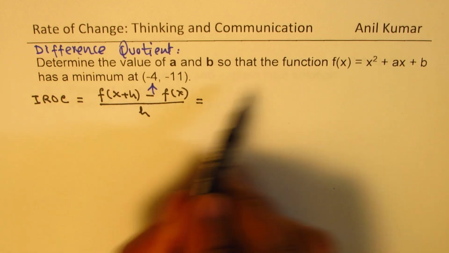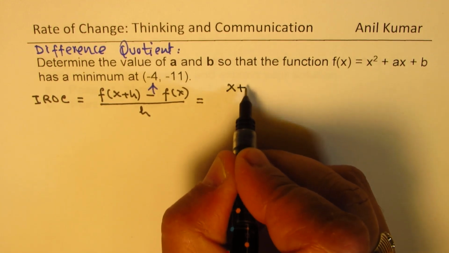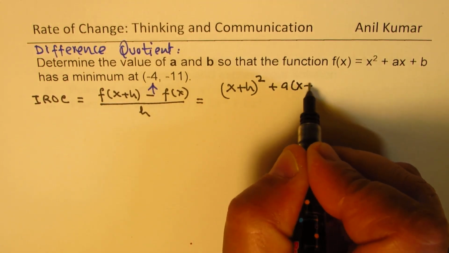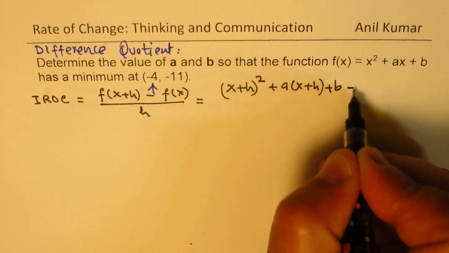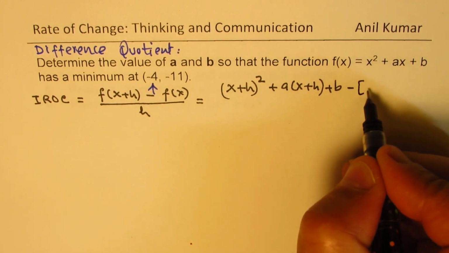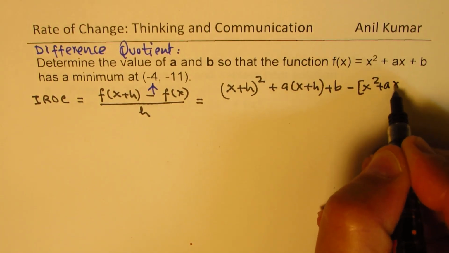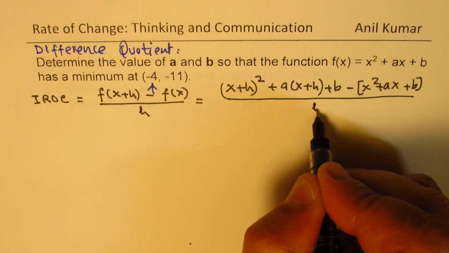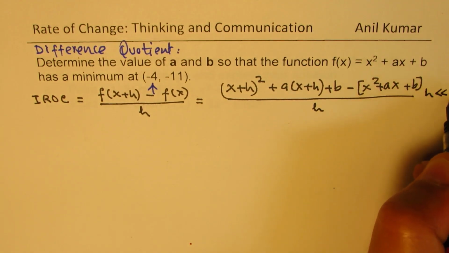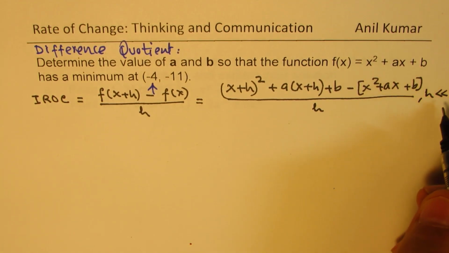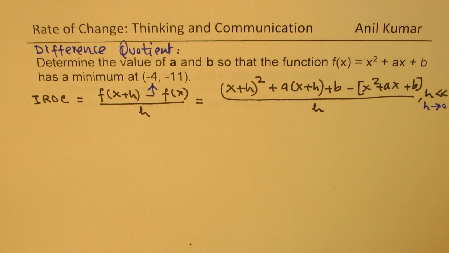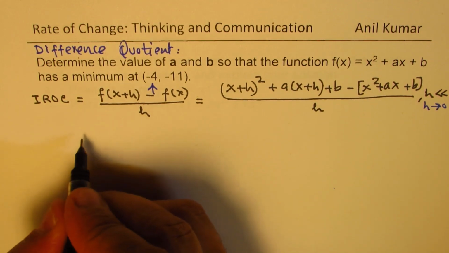So substituting, we get x plus h whole square plus a times x plus h plus b minus f of x, which is the same function, x squared plus ax plus b, over h. Remember, h is very, very small compared to 1. We sometimes say it approaches 0. Either way, it means one and the same thing.